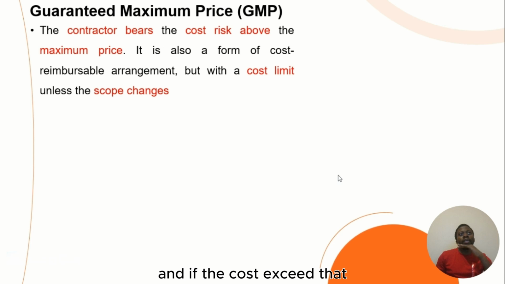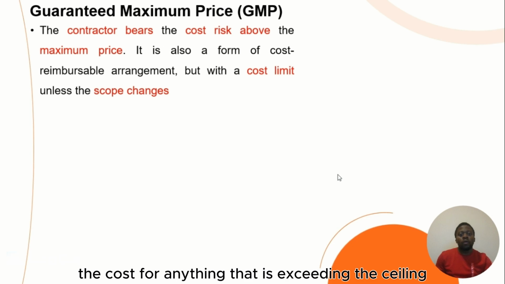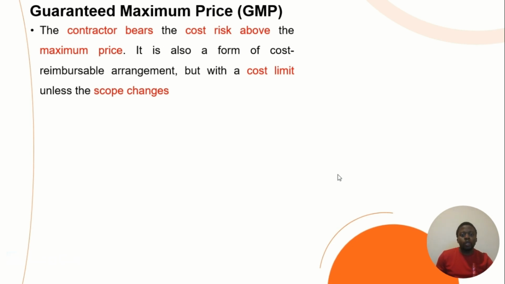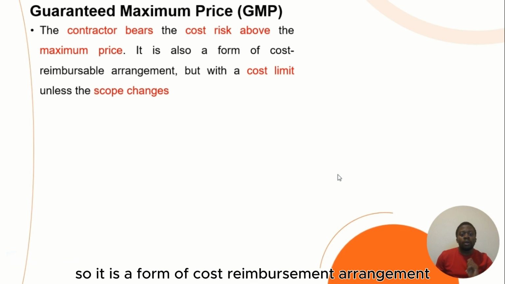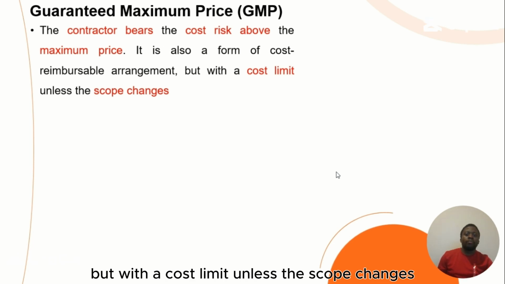If the cost exceeds that, the contractor bears the cost for anything exceeding the ceiling. So it's a form of cost reimbursement arrangement, but with a cost limit unless the scope changes.